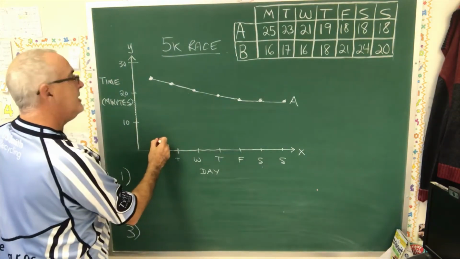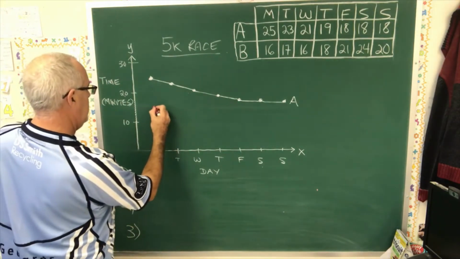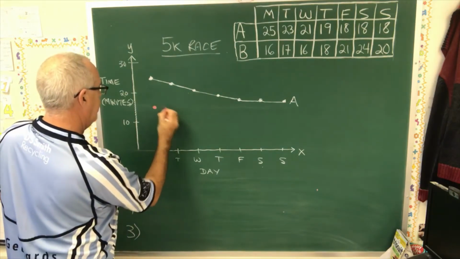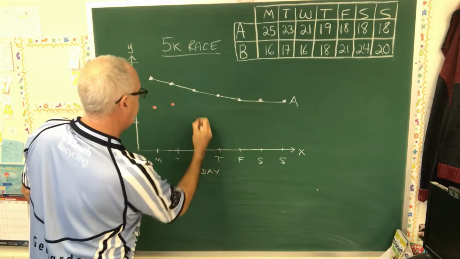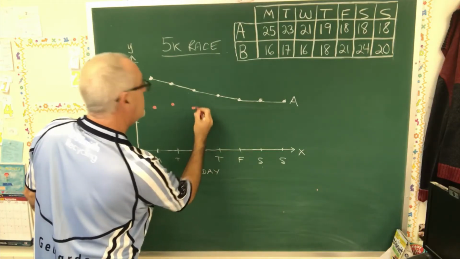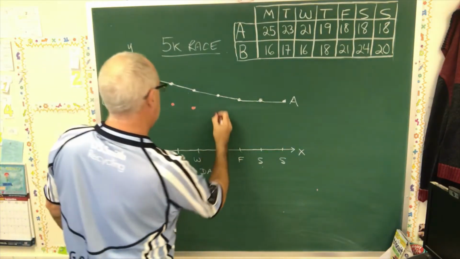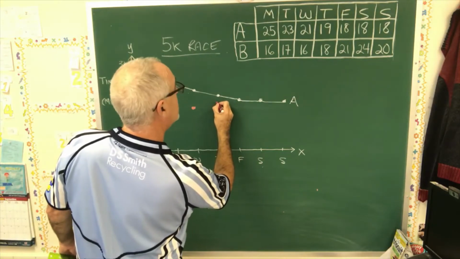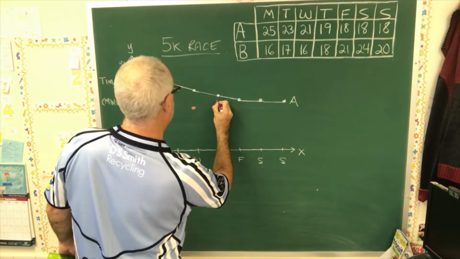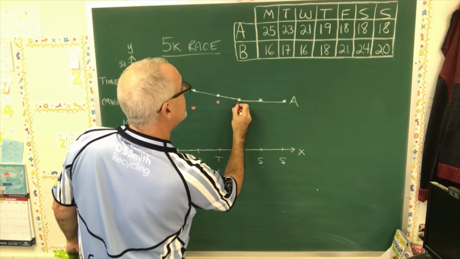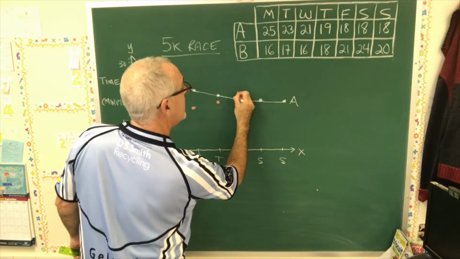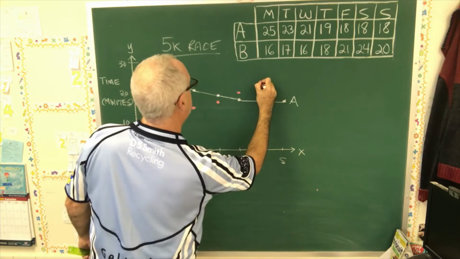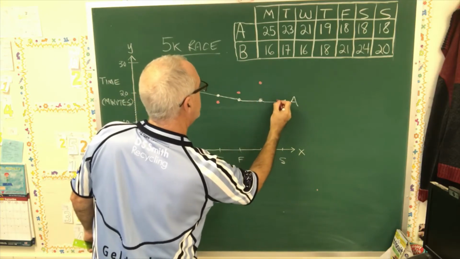So B's first number is 16, then 17 and then a 16, 18 and 21, then 24, and then down to 20.